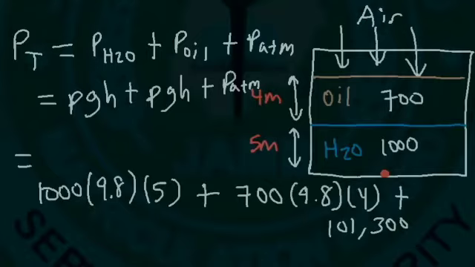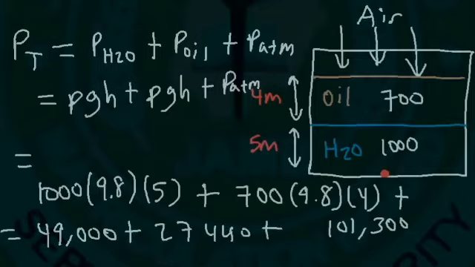So 5,000 times 9.8, that's 49,000. That's the pressure due to H2O alone. And then 700 times 9.8 times 4, that's 27,440 plus the pressure due to the atmosphere.